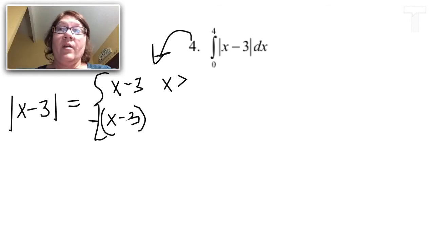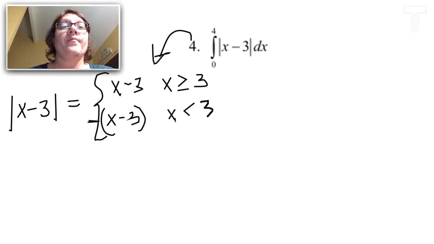So it'll be x minus 3 if the inside is positive, but the inside will be positive or 0 if x is greater than or equal to 3, and it'll be the opposite of what you see, therefore, if x is less than 3.